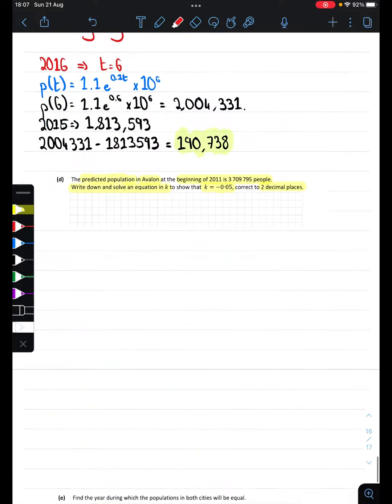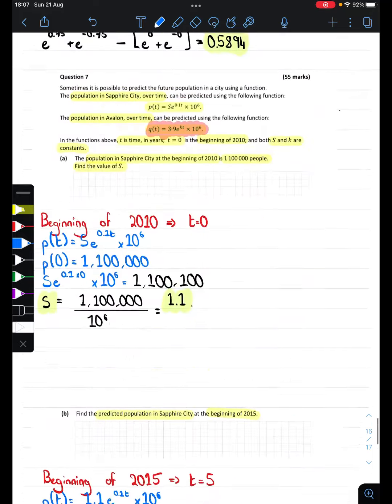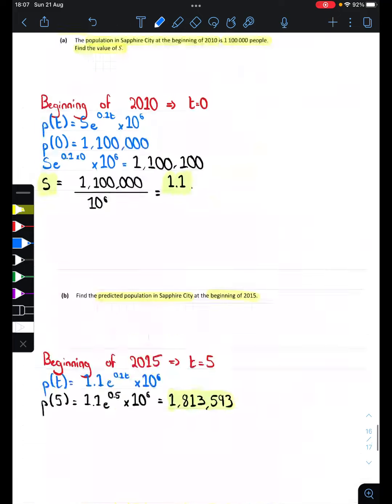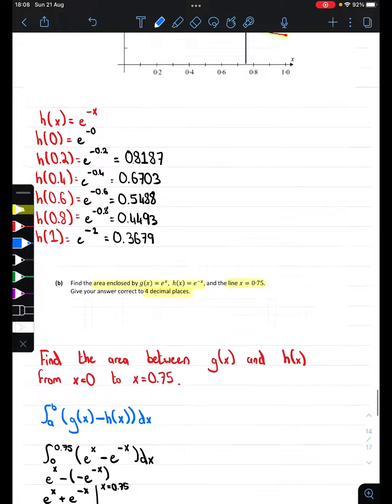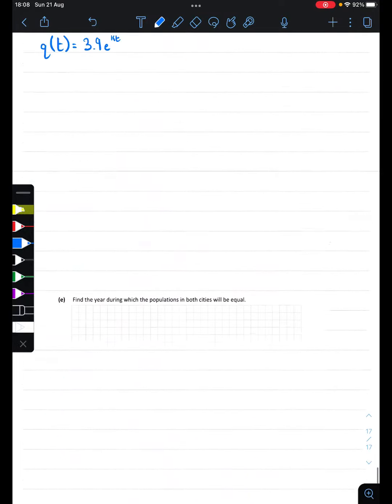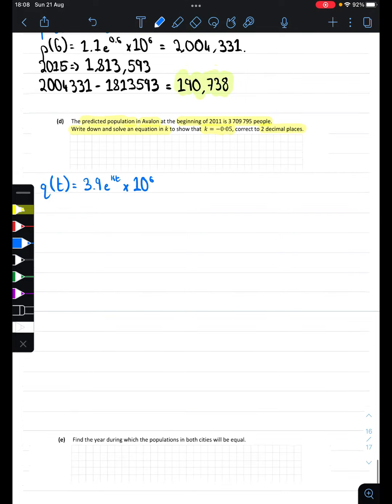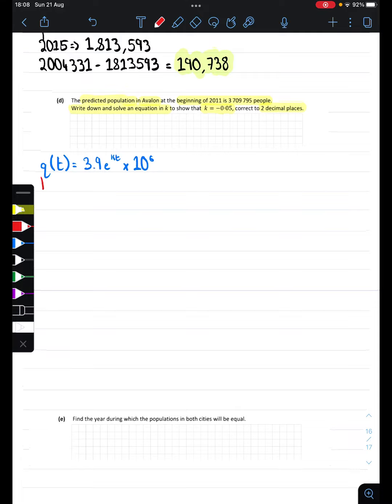So Q of t equals 3.9 e to the kt by 10 to the power of 6. At the beginning of 2011, this is 1 year after the beginning of 2010, so t equals 1.